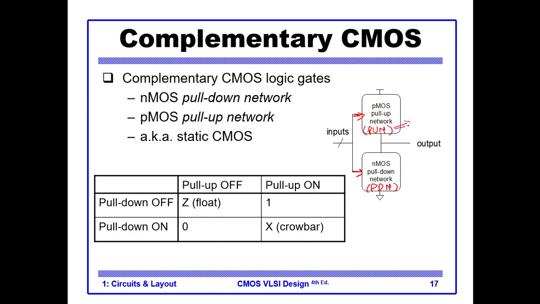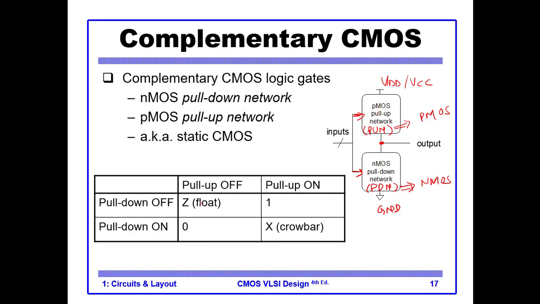And now you know that the pull up network is composed of PMOS and the pull down network is composed of NMOS, and the output is between these two networks. This is connected to our VDD or VCC, which is a supply, and this is connected to our ground. This is the structure of our CMOS gates.